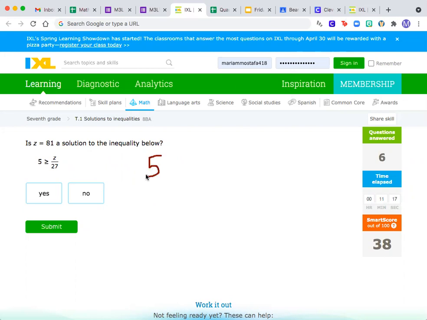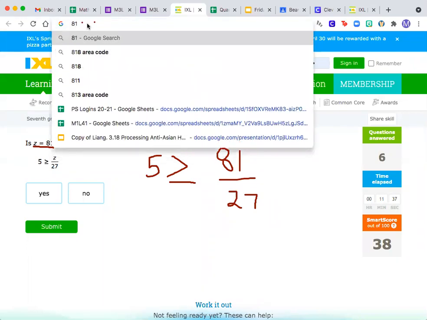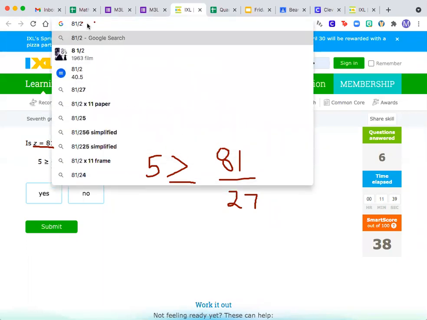We have 5. It says is greater than or equal to, and it's telling me that z is 81. So I'm going to do 81, and I'm going to make sure I'm dividing correctly, divided by 27. Now, I don't know what 81 divided by 27 is, so I'm going to just use a calculator. 81 over 27.